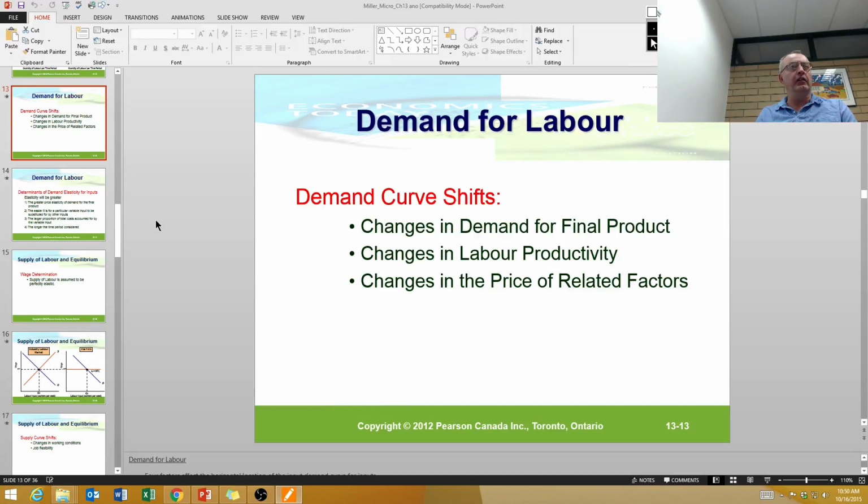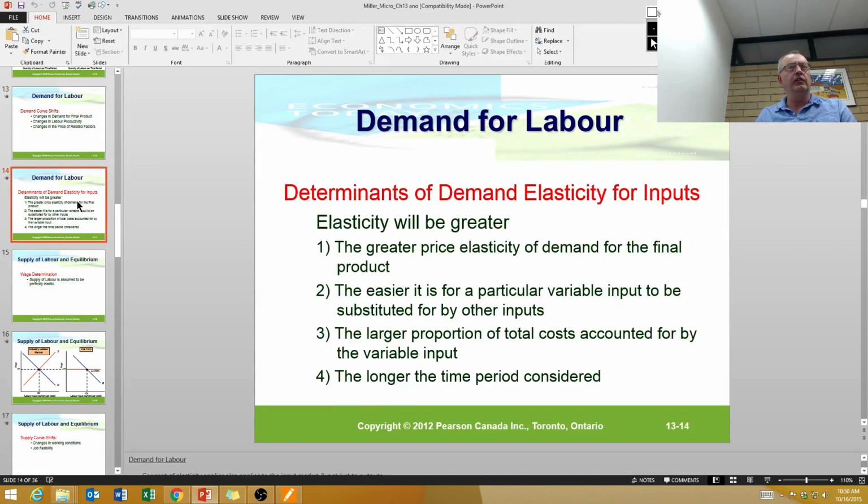Okay, and the final little section in this initial section deals with elasticity of demand for inputs. So the concept of price elasticity of demand applies equally to inputs as it did for outputs.